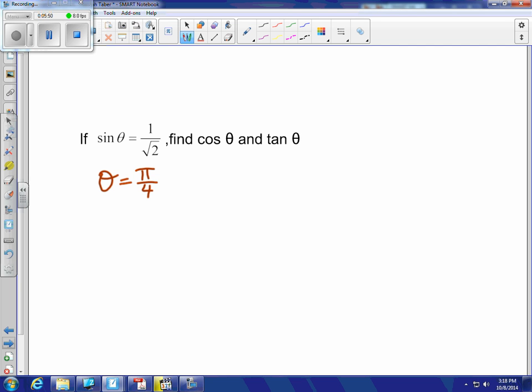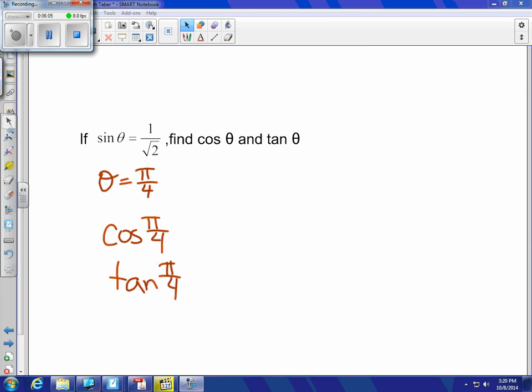Well, if theta equals pi over 4, then we know that cosine is pi over 4 and tan is pi over 4, right? Okay, but a word of caution. Sine theta isn't only positive in the first quadrant, right? Where else is it positive?